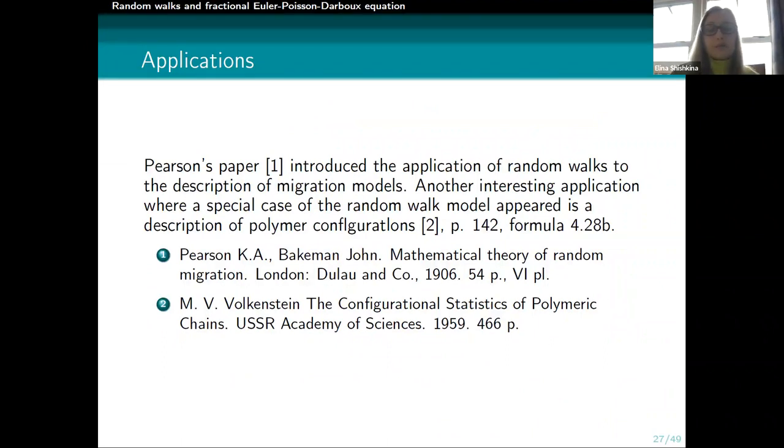Next, we can find in Pearson's paper migration problems, animal migration problems, and another application can be found in Volkenstein's papers, where this problem appeared as a description of polymer configurations.